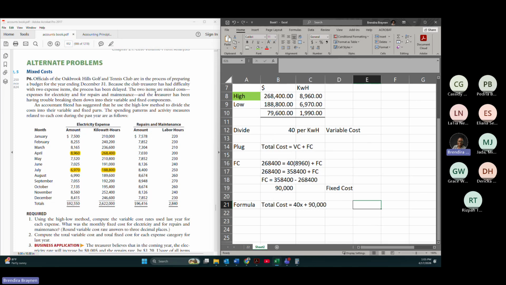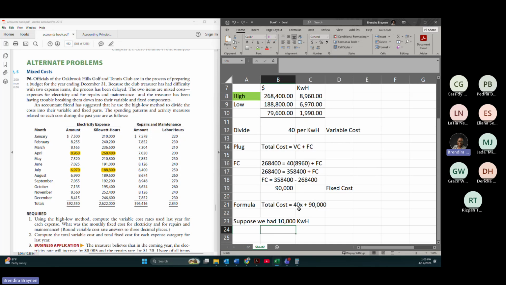Okay. And so that's just an example of how to calculate using a high-low method. So let's say, suppose we had 10,000 kilowatt hours, then I could use the formula to estimate what my total cost would be.